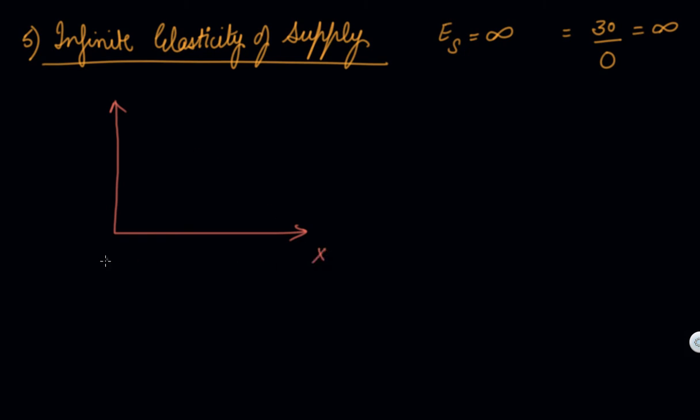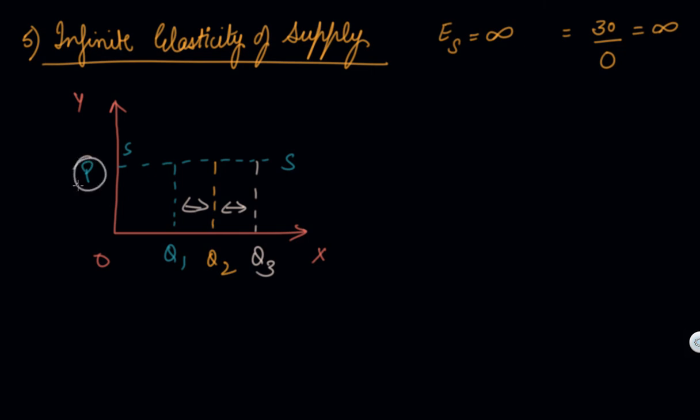In this case, your supply curve is parallel to your x-axis, which means your price remains constant. This is your supply curve. This is your quantity Q1, Q2, Q3. So there is a change in the quantity supplied, but there is no change in the price. This is the case where your elasticity of supply is equal to infinity.